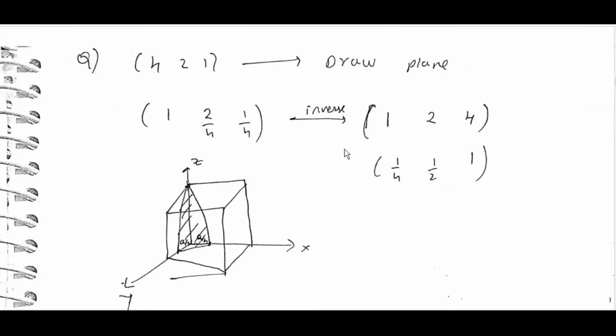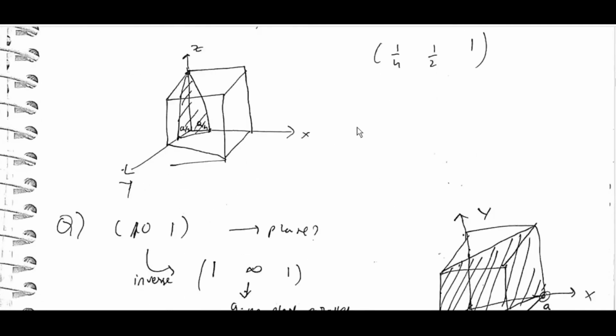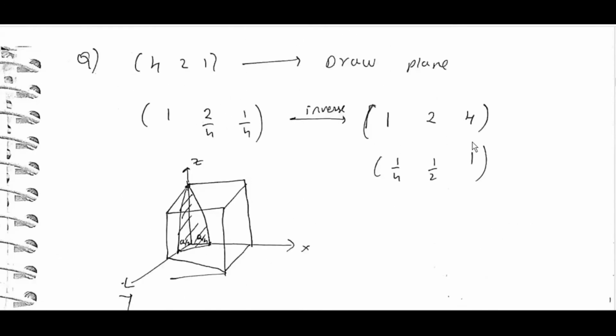If the plane is given with fractions 1 by 2, 1 by 4, 1, then take the inverse: 4, 2, 1.